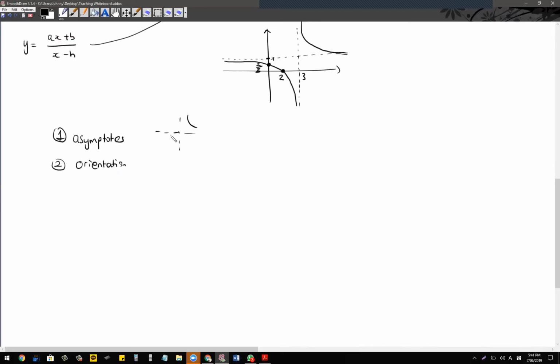It'll either be here, here, or here, here, so you get this one, or this one. That's the orientation. Number 3, the intercepts.